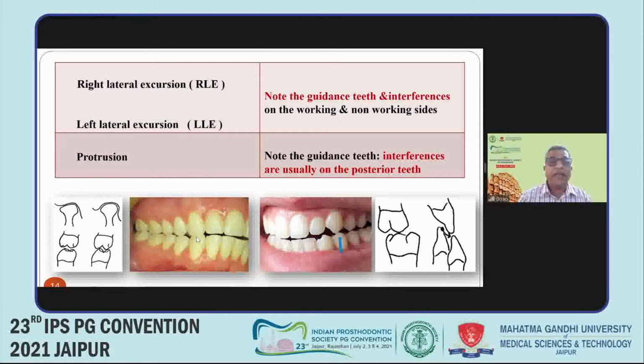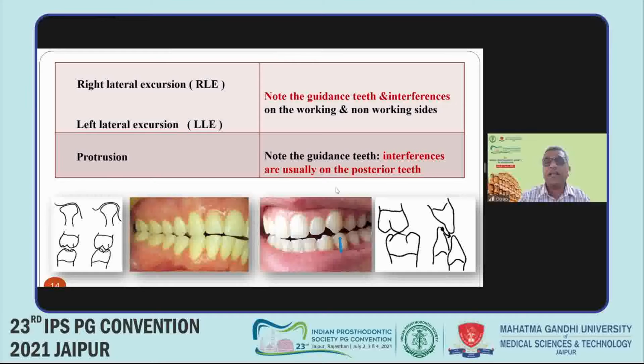Here you see the illustration of canine guidance and mutually protected or group function, which you will use to provide an occlusal scheme conforming to their guidances, or you can slightly change whether it is canine guided or mutually guided. Again you see the interferences, known as deflective contacts, which deflect the entire movement of the mandible and make occlusal rehabilitation difficult.